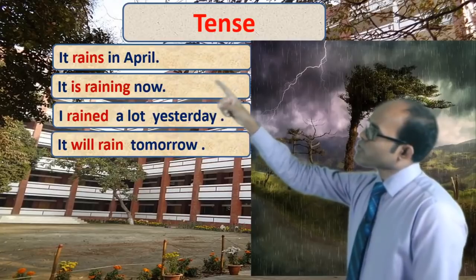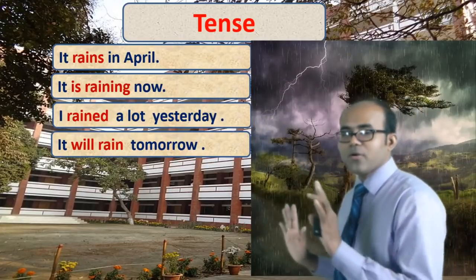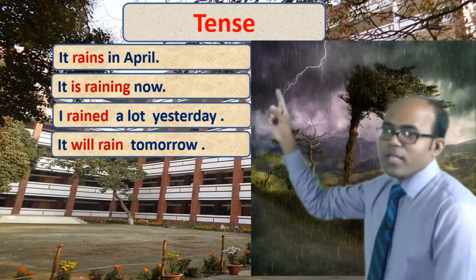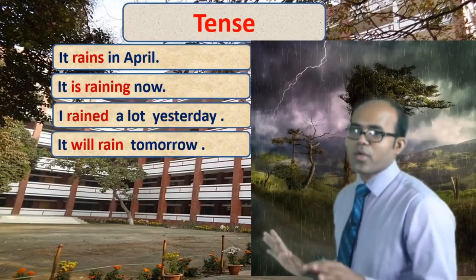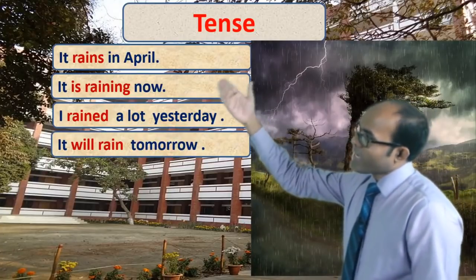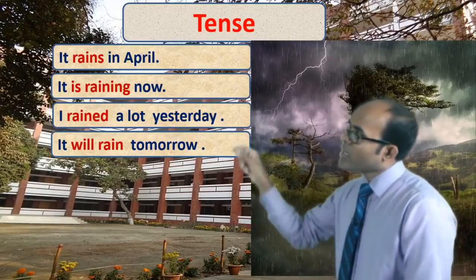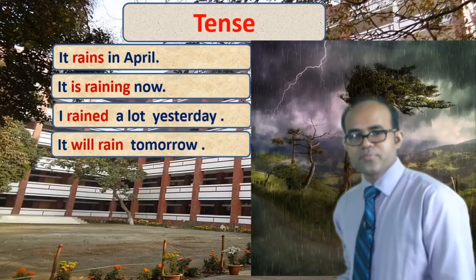First sentence, it rains in April. It does not mean it is happening now. Second sentence, it's raining now. Its time is present, the action is going on. In the second sentence we find a change in time and at the same time a change in the verb form.